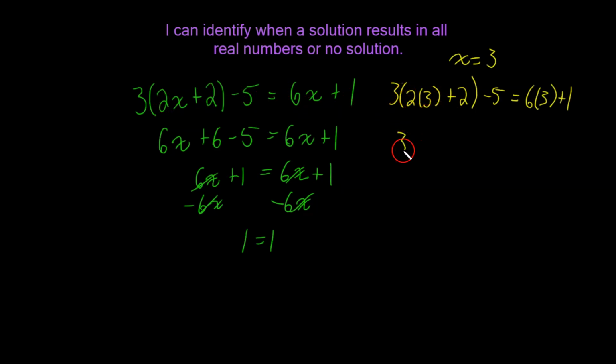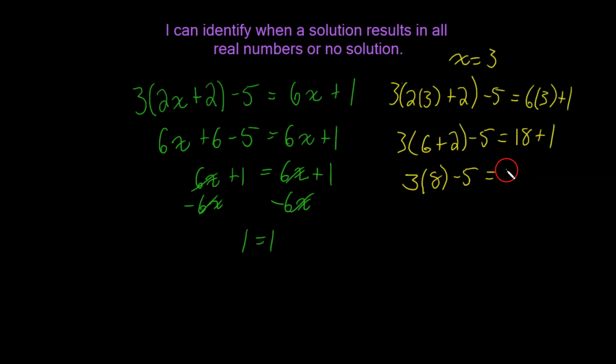So we would get 3 times 2 times 3, which is 6, plus 2, minus 5 equals 6 times 3, which is 18, plus 1. 3 times 6 plus 2 is 8. Minus 5 equals 18 plus 1, which is 19. 3 times 8 gives me 24. Minus 5 equals 19. And we know 24 minus 5 is 19. 19 equals 19. That is a true statement. So x equals 3 is a good solution.